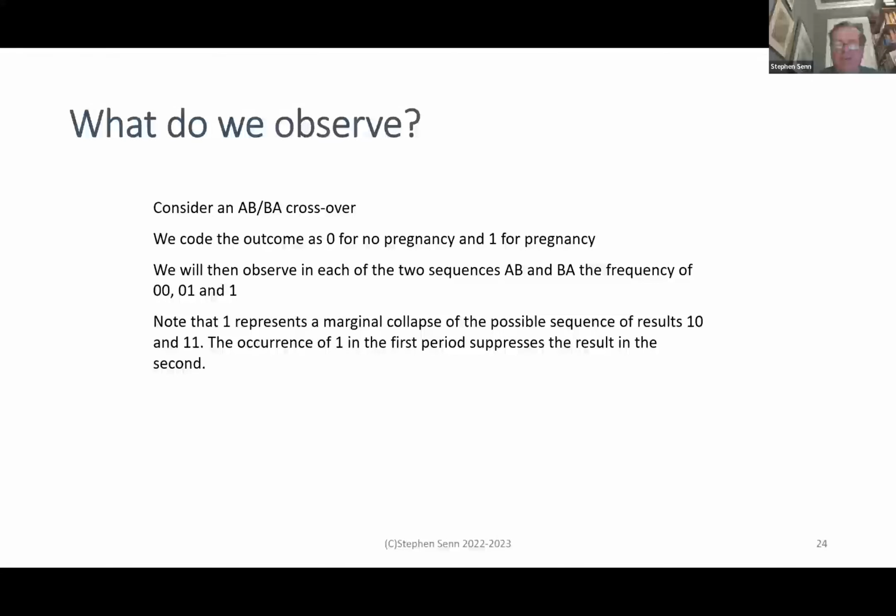Essentially, if conception occurs in the first treatment that's given, it leads to the trial being discontinued. It's impossible to carry on with the trial. So that 1 represents a marginal collapse of the theoretically possible sequence of results 1, 0 and 1, 1. The occurrence of 1 in the first period suppresses the result in the second.